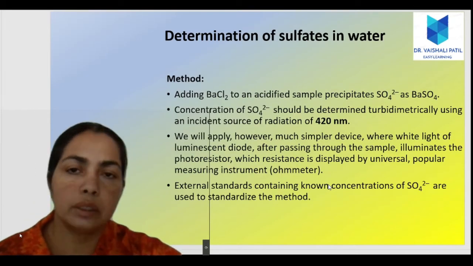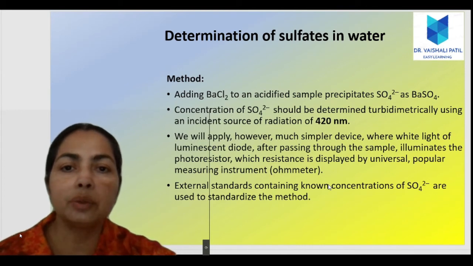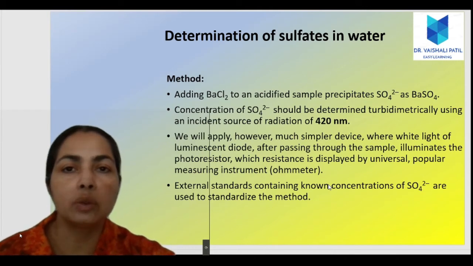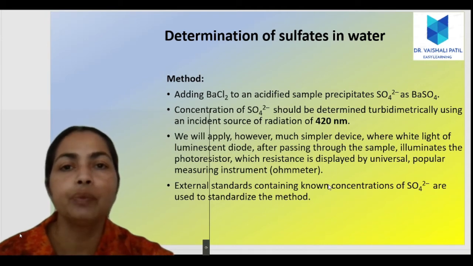Now in this experiment we are going to determine sulfates present in a water sample. The methodology includes first of all addition of barium chloride to an acidified sample, where there will be precipitation of sulfate ion as barium sulfate. Then the concentration of sulfate ions should be determined turbidimetrically using an incident source of radiation of 420 nanometer.